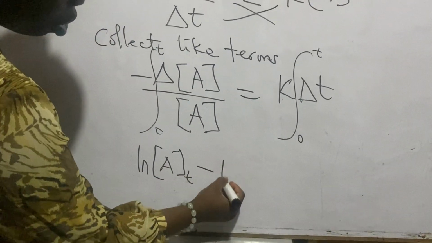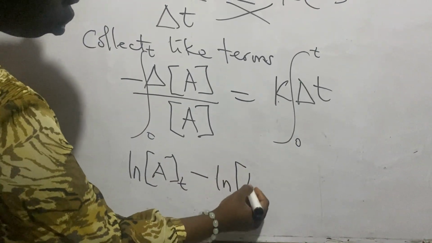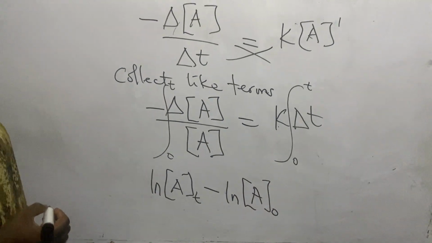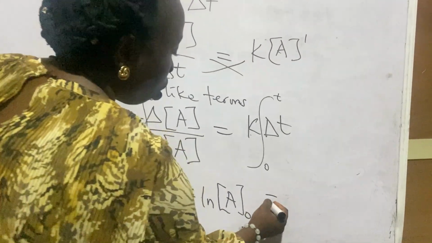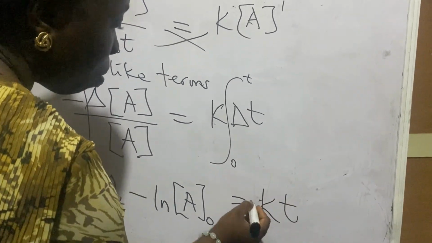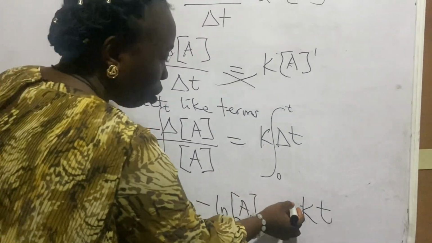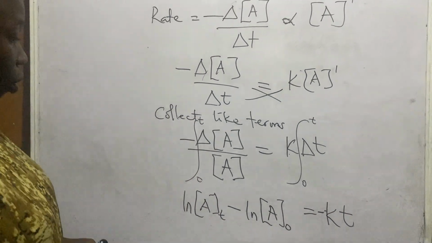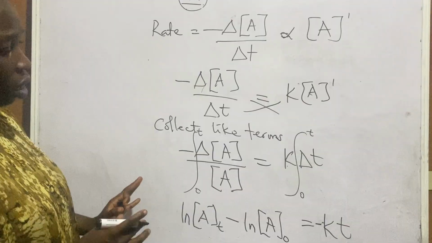Addition. So it becomes the concentration of what? At time 0 equal to what? KT. And remember that it is minus, so your minus will come this way for clearer explanation. Then we have gotten this.